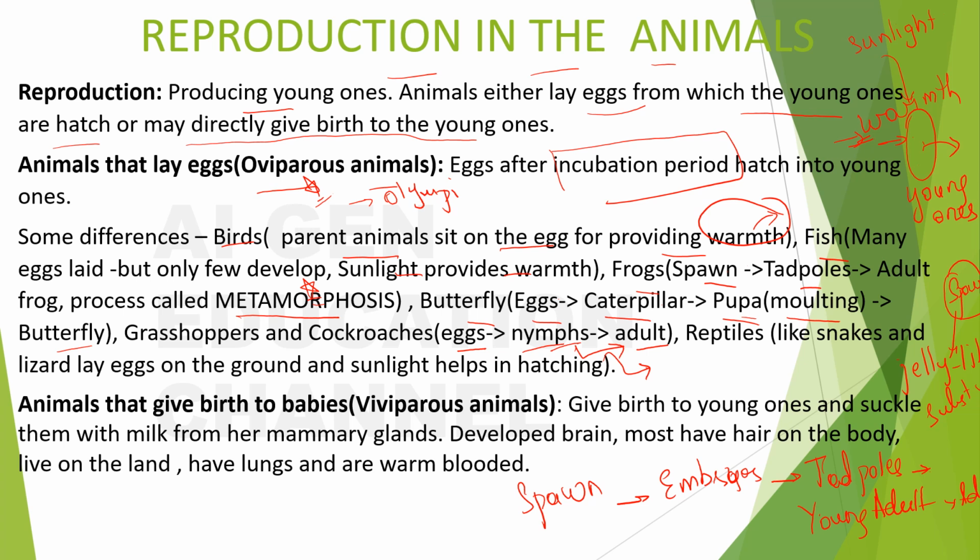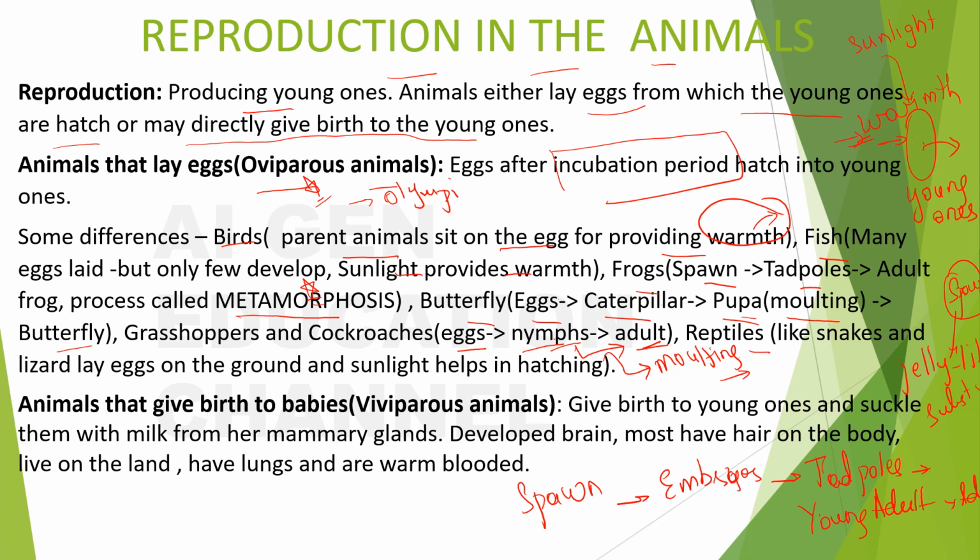After a few days, the wings get developed and they turn into adults. For these nymphs to turn into adults, they undergo many cycles of molting. What did I say? Molting means shedding of its skin, right? So after many cycles of molting, these nymphs will turn into adults.